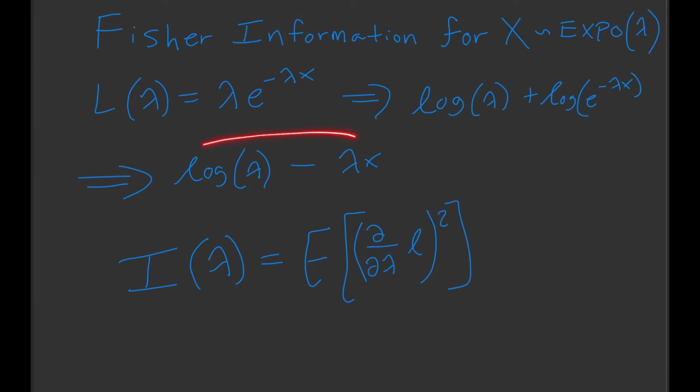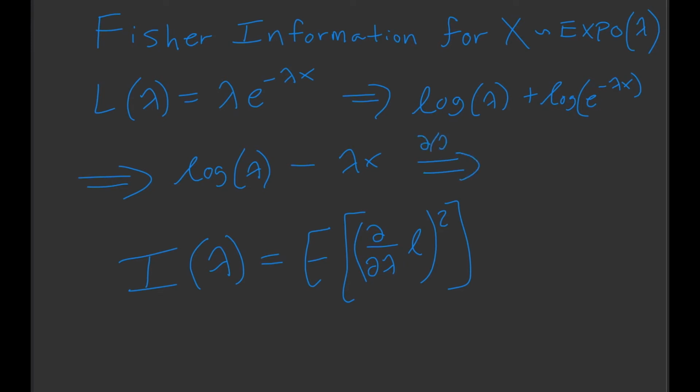So what we've already found out here, that's this part right here. That's the L. So now we're going to want to take this and take the derivative of that with respect to lambda. So I'll write that over here.